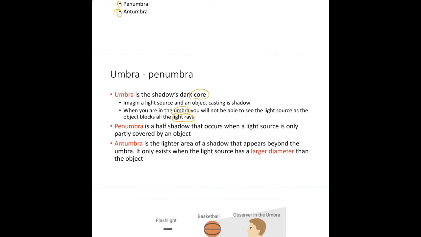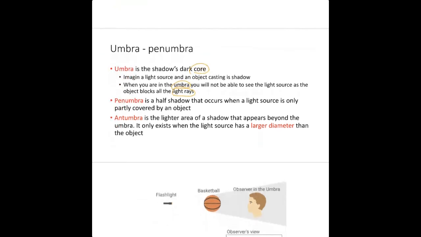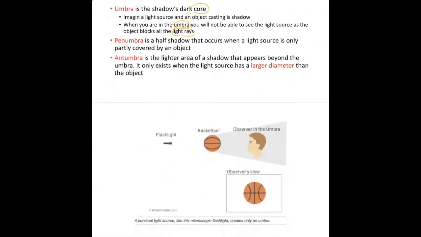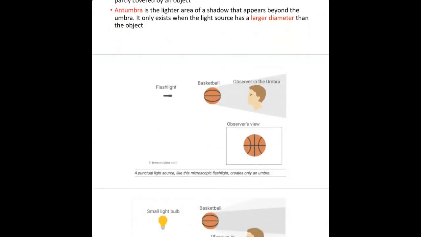The penumbra is a half shadow that occurs when a light source is only partly covered by an object, and the antumbra is a lighter area of shadow that appears beyond the umbra, and that only exists when the light source has a larger diameter than the object. This will get clearer when I show you these pictures here.